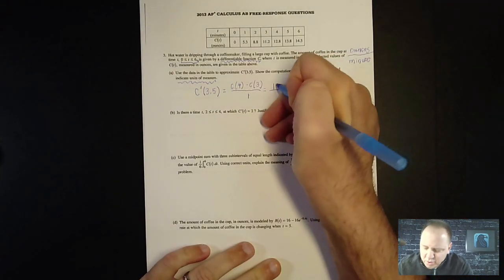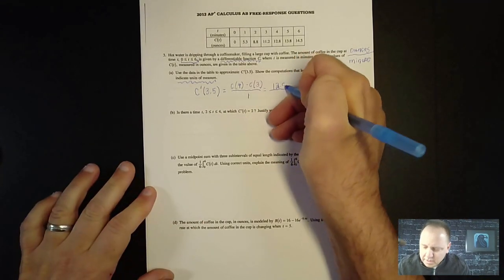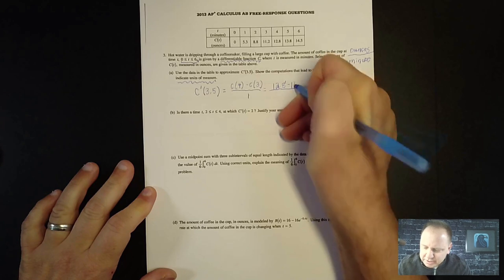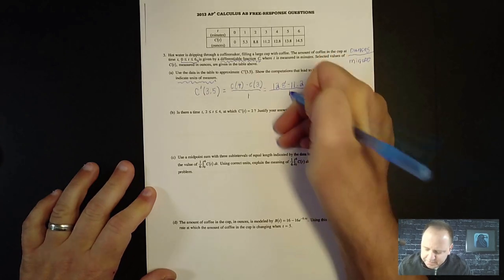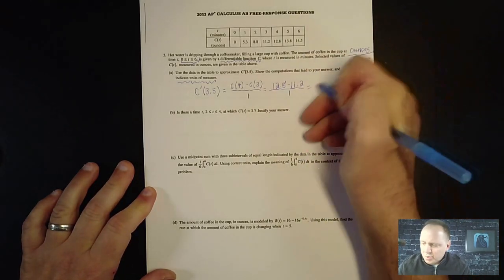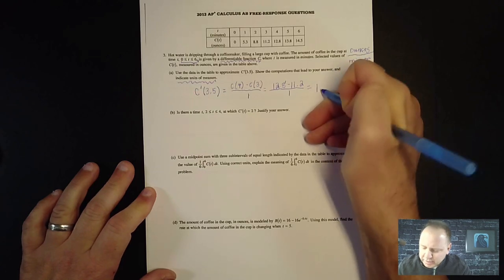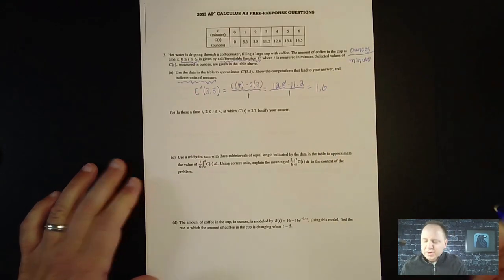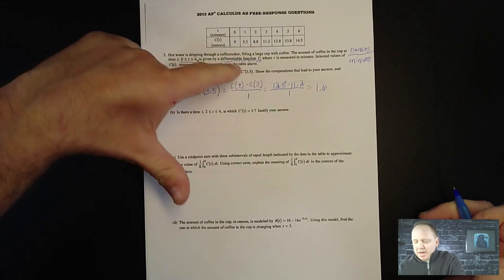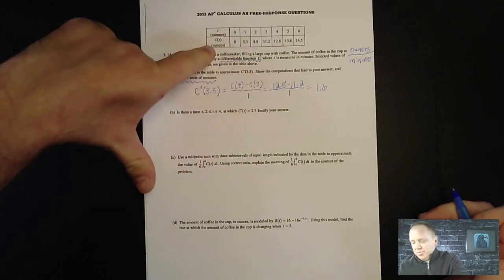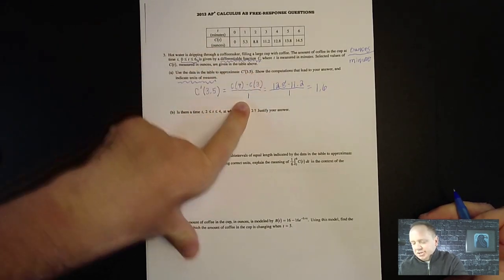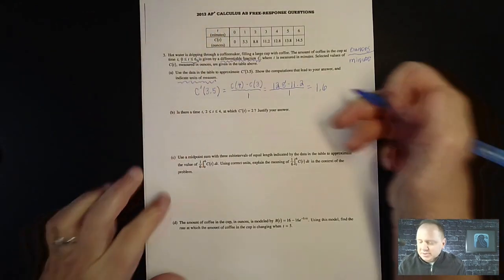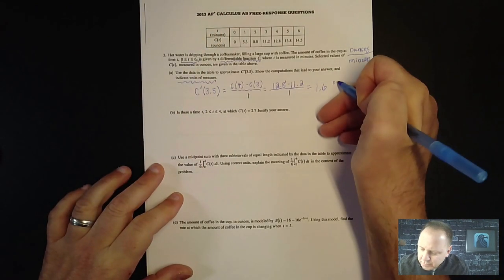So that would be 12.8 minus 11.2 all over 1. Just be careful, that's 1.6 over 1, which is 1.6, but don't forget they wanted units. Change in Y would be your change in ounces, your change in X would be your minutes, so this would be ounces per minute.